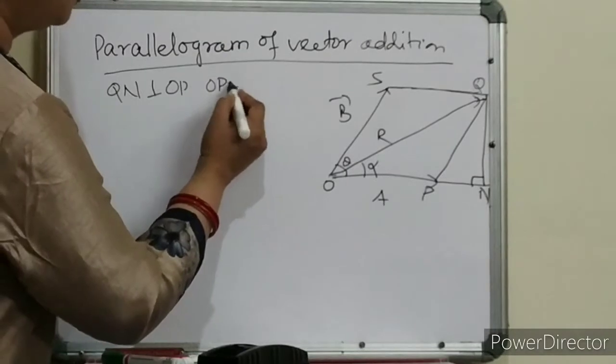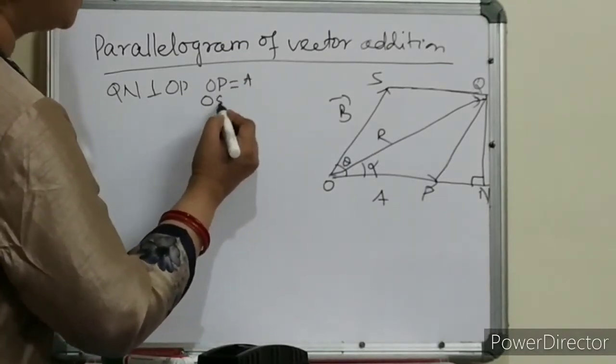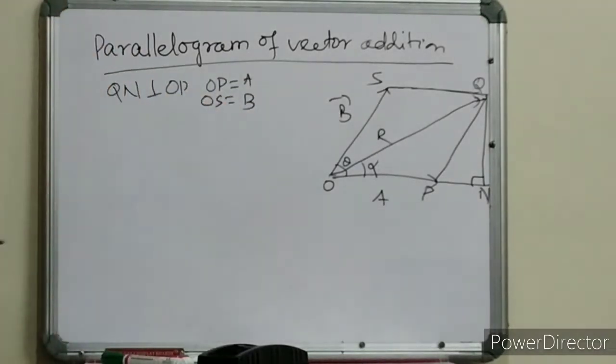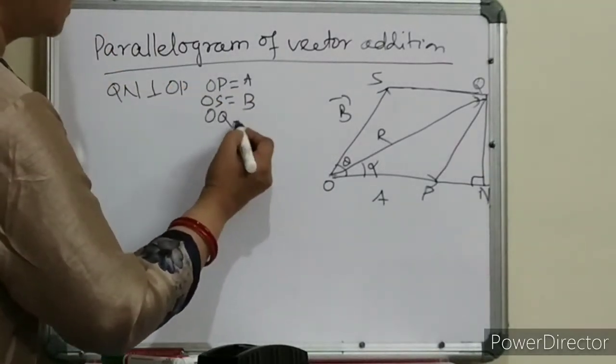OP is equal to A and OS is equal to B. Clear? And OQ is equal to R.